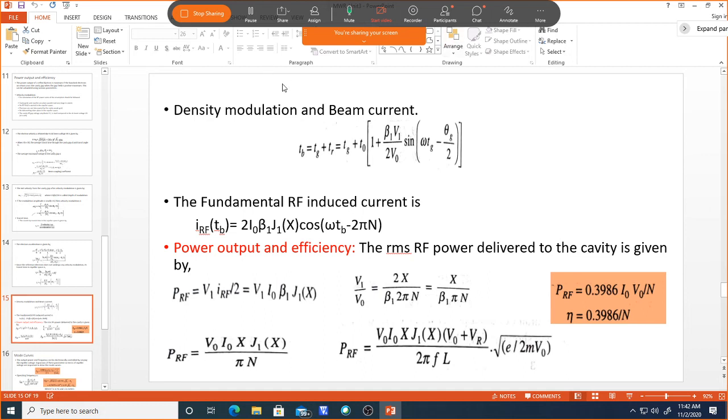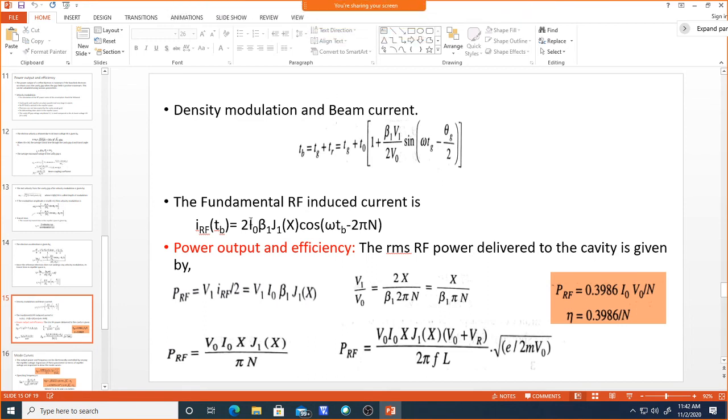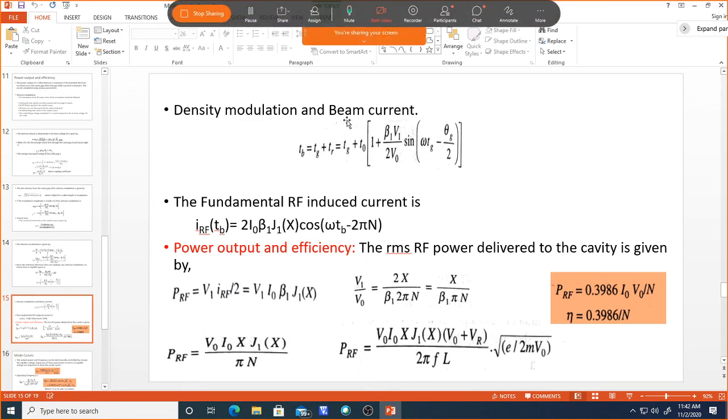So we will take the RF power output for the 1 by 3rd mode, and we can get the particular value of the mode n, so we'll get the power output using this equation.